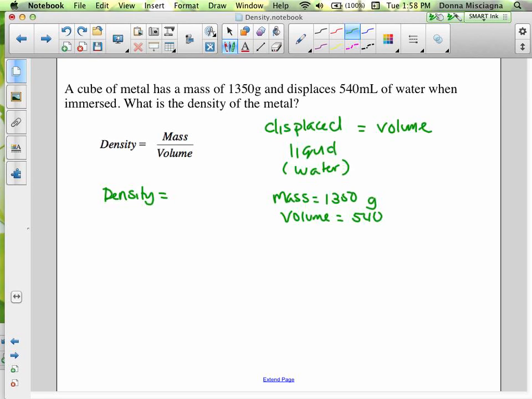So our density is going to be 1,350 divided by 540. A lot of times we will change this from a fraction to a decimal because sometimes we're comparing the density of two different objects, and if they're fractions with different denominators, it's going to be hard to compare them. So we'll change these ones to a decimal.